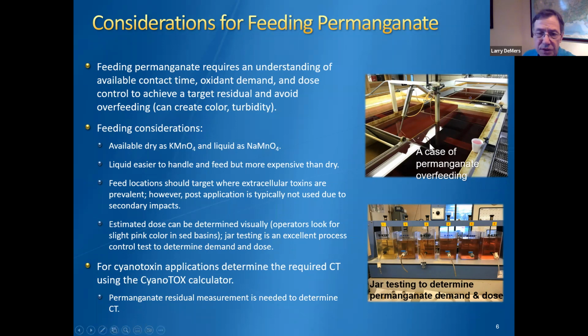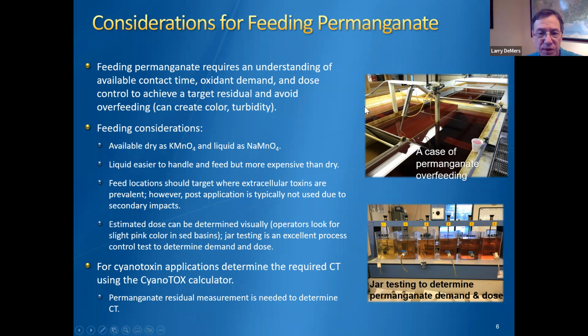The picture to the right here is from a small packaged plant that was having issues with manganese in their water. They were feeding permanganate at a moderate dose, but the challenge this plant had, as you can see, is that it's a packaged plant, so it does not have very much contact time.